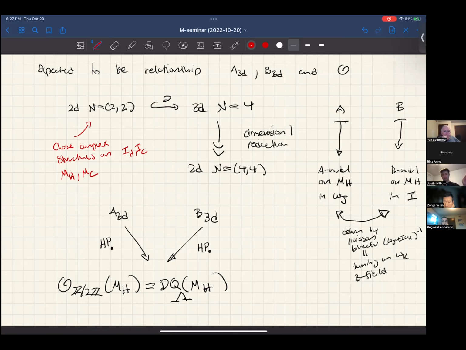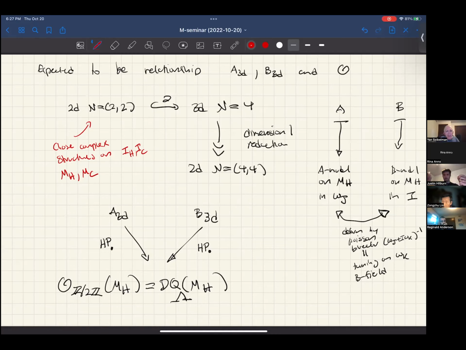And then there was this fact that you're just telling me now, that you can connect those things, you can interpolate between them basically through this Poisson bivector or B field construction, turning on the B field, which lets you move from one to the other.